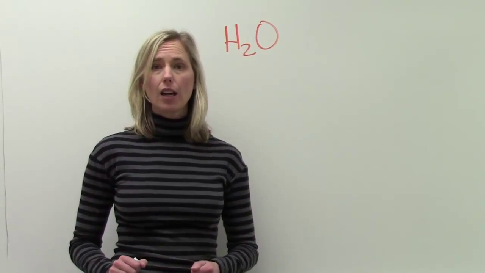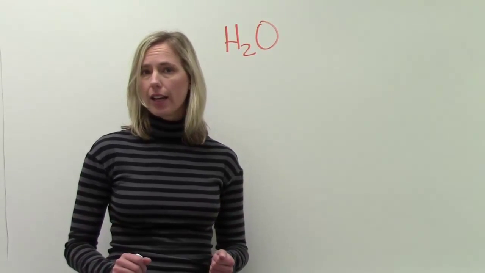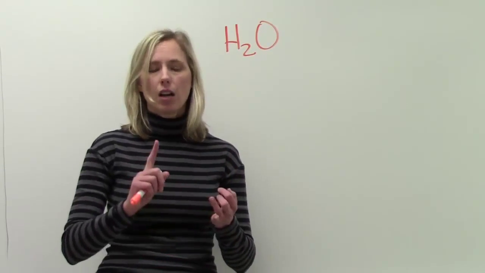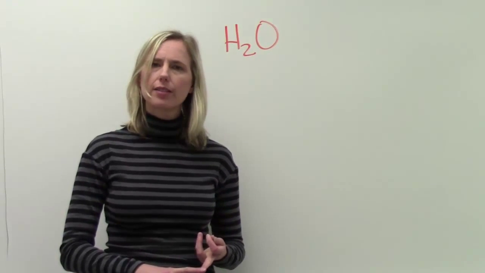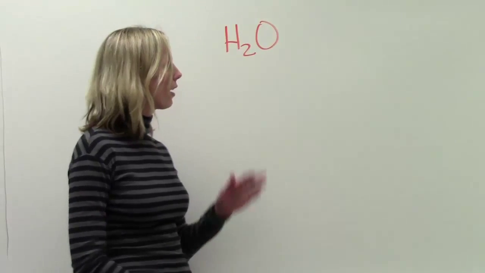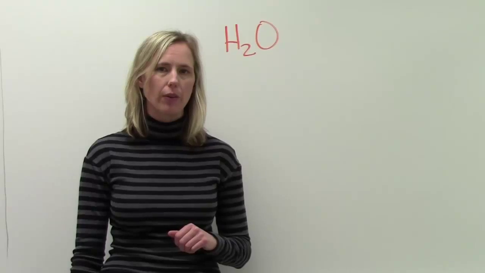Let's say we analyze this white powder, and we were able to figure out that it contains carbon, hydrogen, and oxygen. What would your next step be? How would you figure out that distinctive ratio of atoms in the compound?